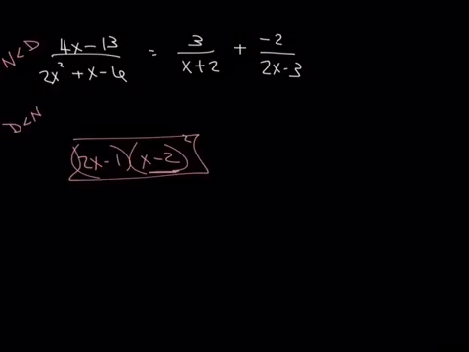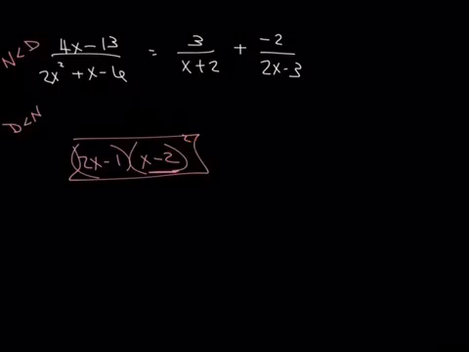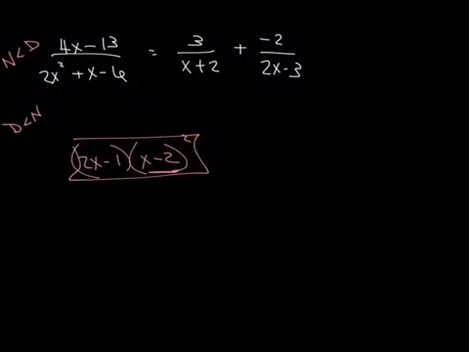So those are the 3 things we're going to look at: when the numerator is less than the denominator, when the denominator is less than the numerator and how we change it so it's this way, and when we have one of our factors to a higher power than 1. Those are the 3 methods we're going to look at.